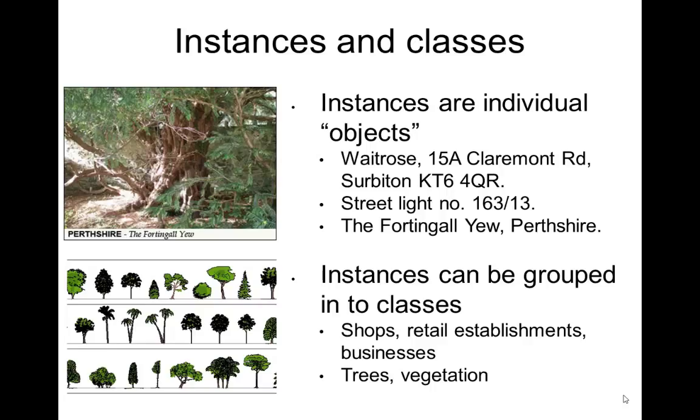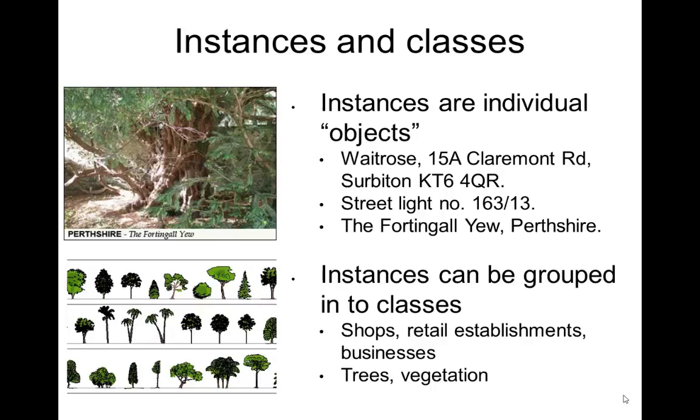Streetlight number 163/30, an invented number, is a specific street light in a particular place, at a particular time. Picture of the Fortingall Yew in Perthshire. It was in the news the other week. I don't know whether you heard about it. It's decided to change sex after about 2,500 years of being male. It's decided it's going to be female for a while, or part of it has changed its sex. So a particular tree in a particular place.